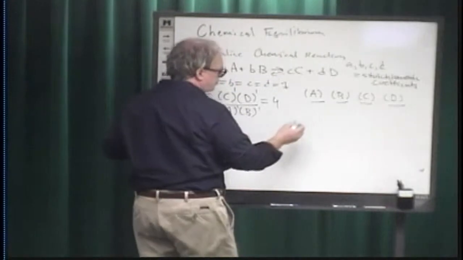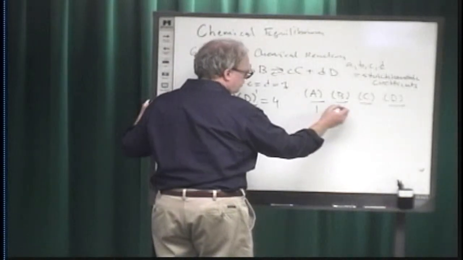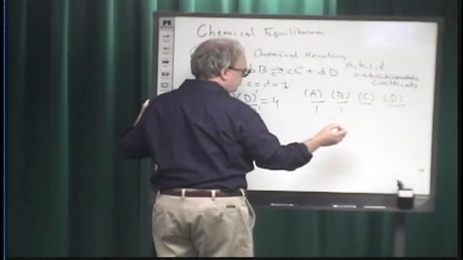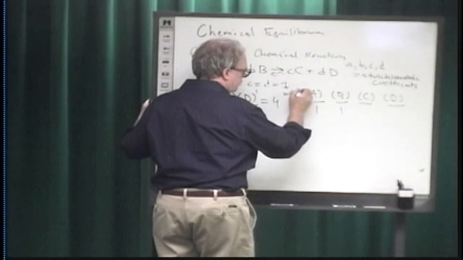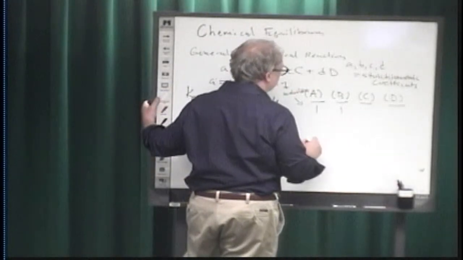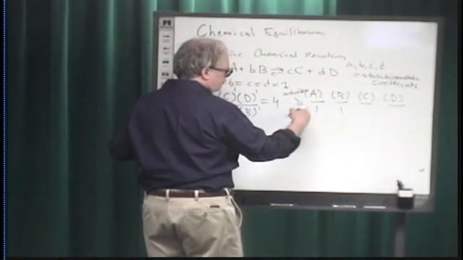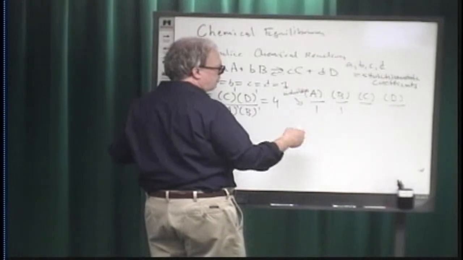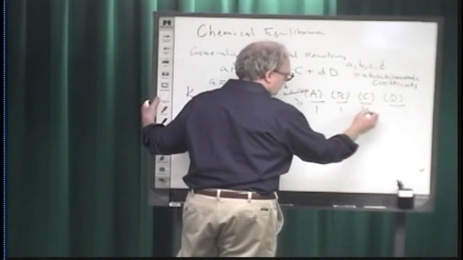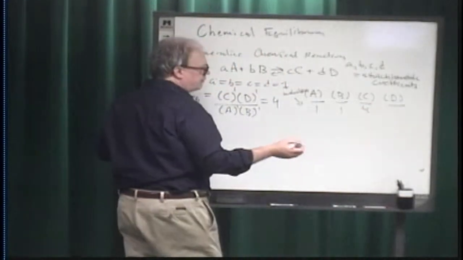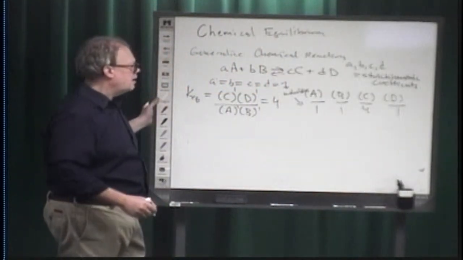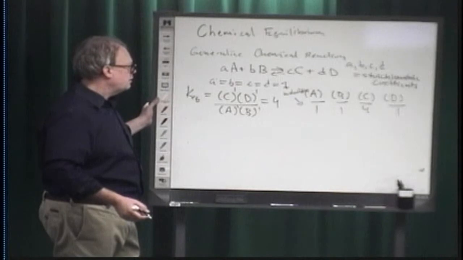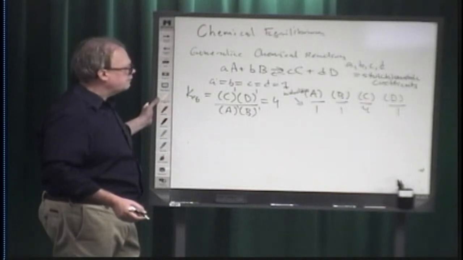So for instance, you could have the concentration of A 1, the concentration of B 1. These would be like molarities. They don't have to be, but they can be molarities. Moles per liter would be 1 mole per liter for A, 1 mole per liter for B, 4 moles per liter for C, and 1 mole per liter for D, and that would all multiply together to give you the equilibrium constant of 4.